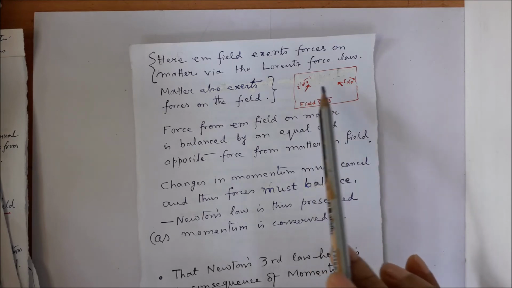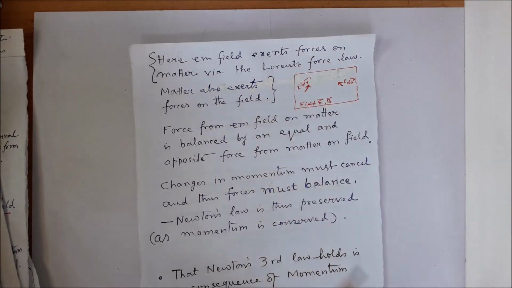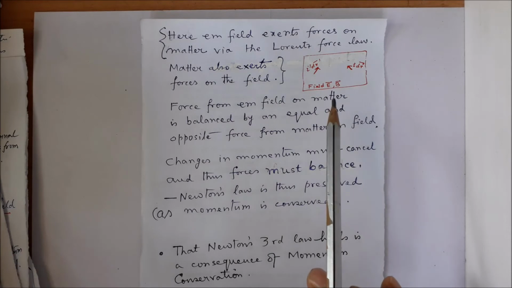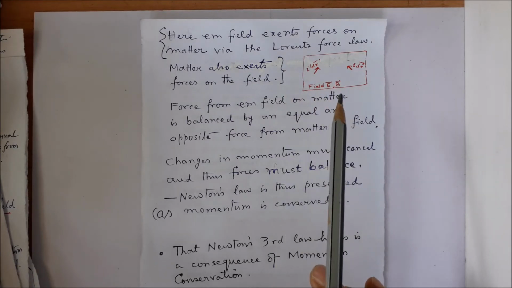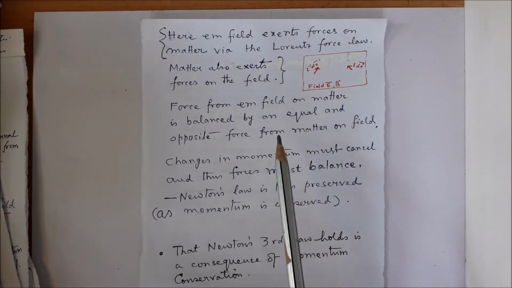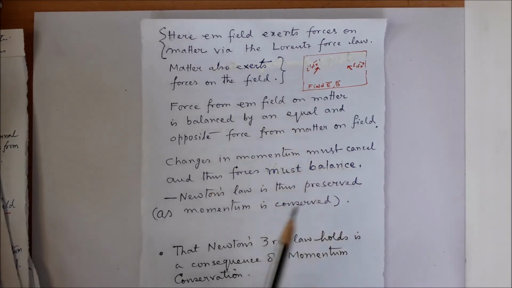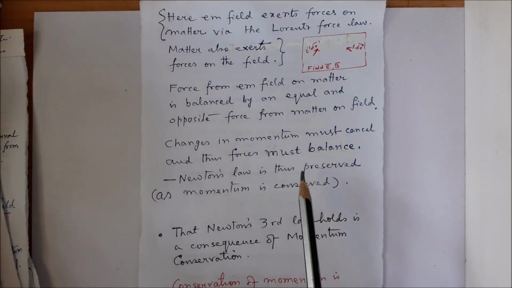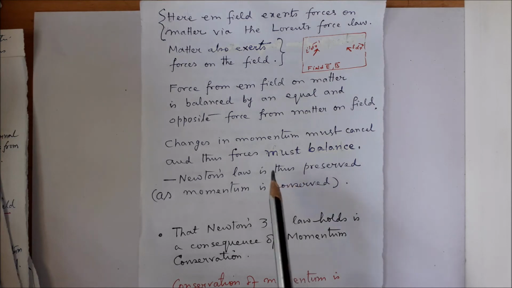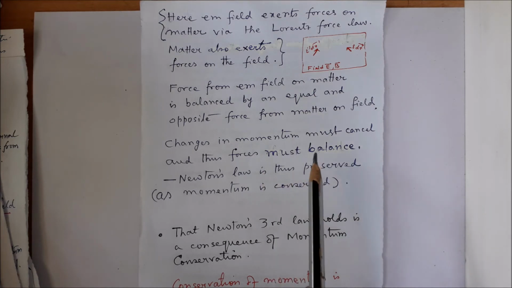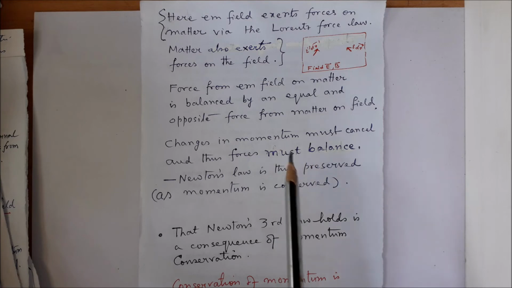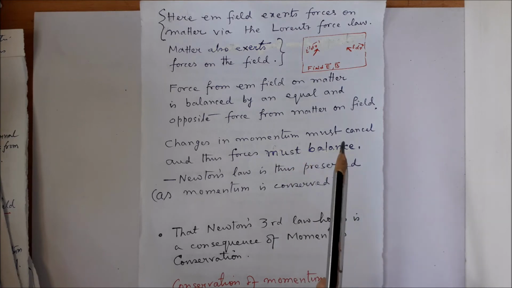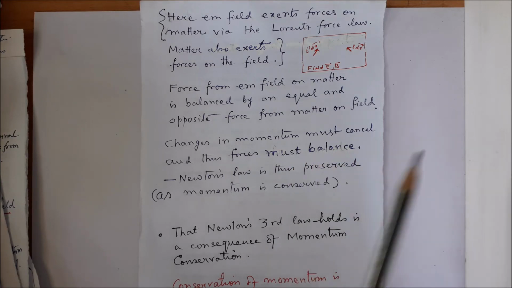Matter also exerts force on the field, and the two balance. As changes in momentum cancel, forces must balance. So Newton's third law is preserved because of momentum conservation in an electromagnetic field.